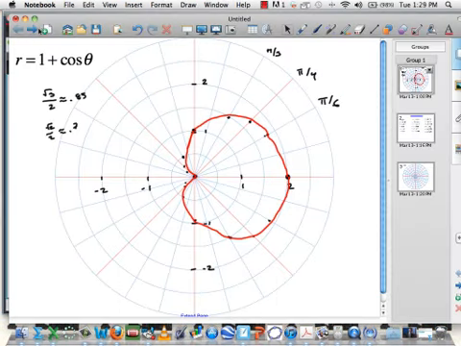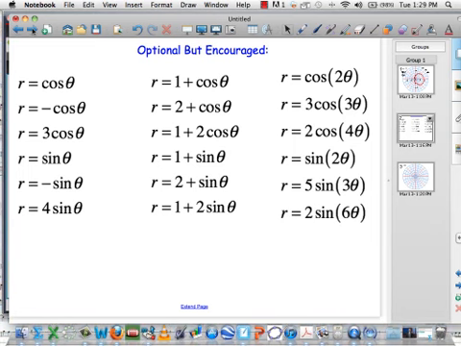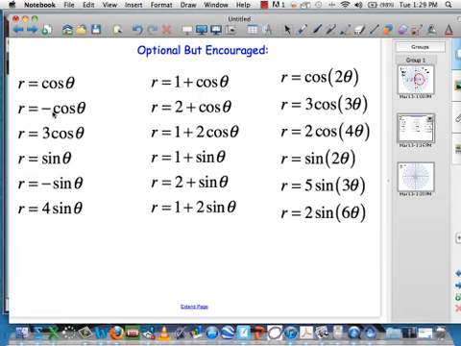Okay, I would encourage you to pause the video at this point and mess around with these families of polar curves so you can get a feel for the common ones that will pop up. We've divided them into 3 packets. These graphs will all have something in common here, this first column. You want to notice what the value of the coefficient does to the graphs and whether or not that's positive or negative.